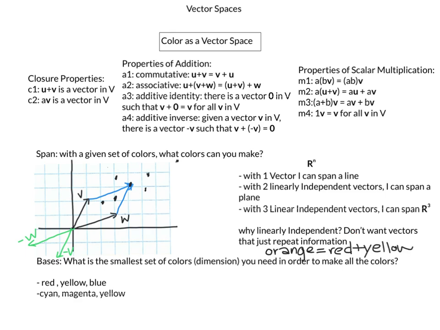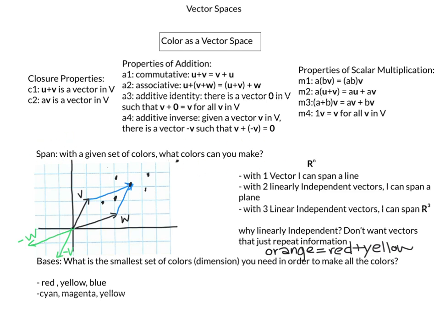So in terms of the colors analogy, if I had the three colors orange, red, and yellow, the orange doesn't really help me reach other colors because its information is already contained in red and yellow. In other words, orange can be made from red and yellow. Orange doesn't help me make additional colors that red and yellow don't already allow me to make.